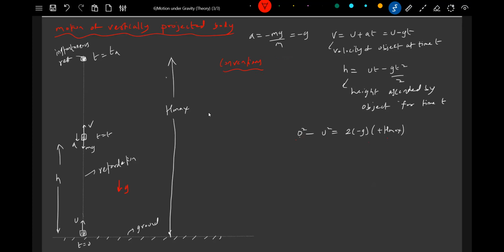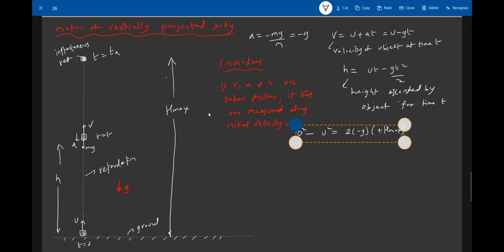I'll write it: the convention is that v, a and h are taken positive if they are measured or directed along the initial velocity u.